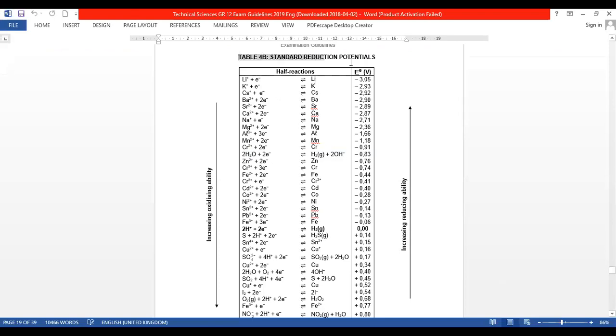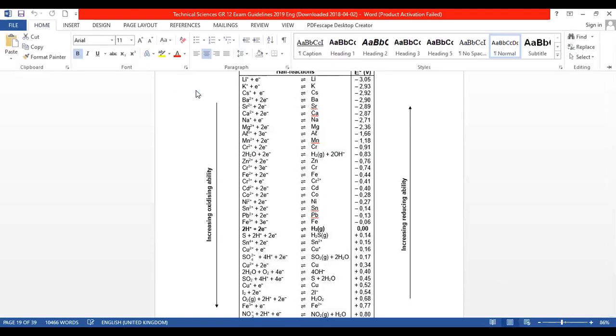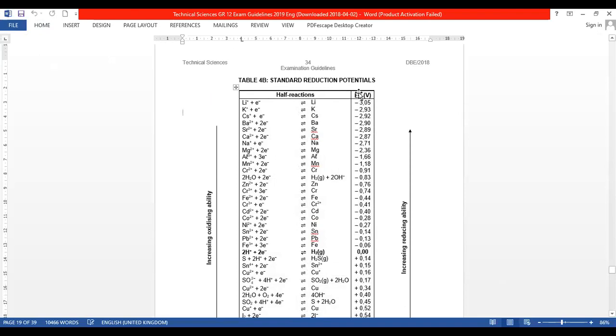Now, you can see for every substance that appears there, you have an E0 value. And this E0 value gives us an idea of the tendency of these substances to either undergo oxidation or reduction. To put it simply, we call it a table of standard reduction potentials, and we don't call it a table of standard oxidation potentials.